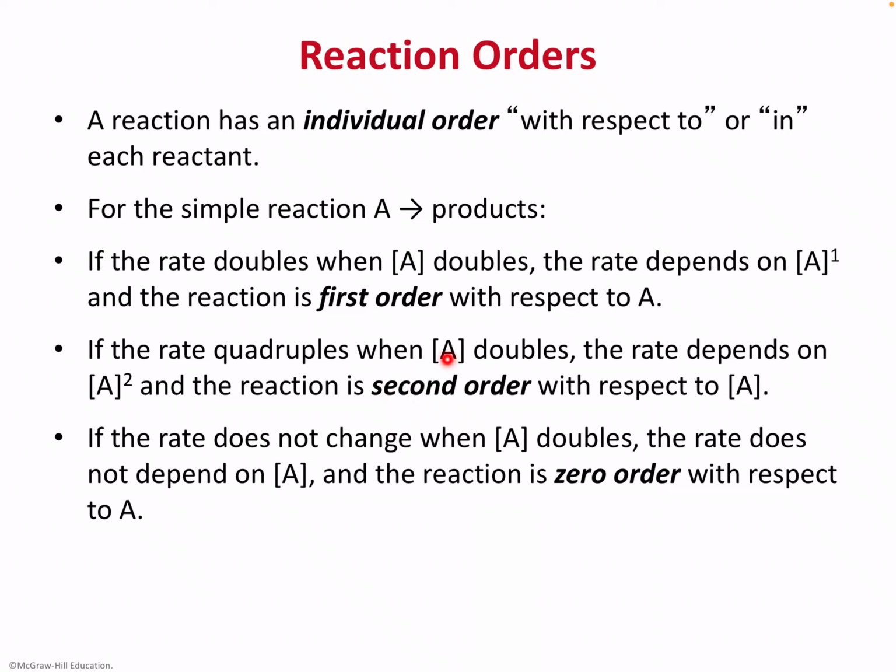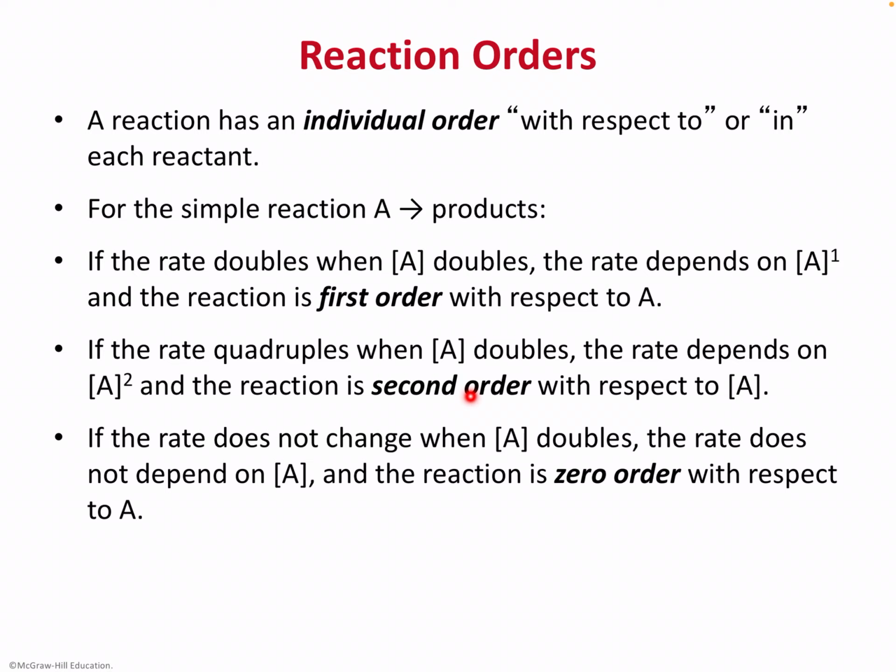Because when you double the concentration of A, the rate quadruples. When A doubles and the rate also doubles, it is first order. If the rate quadruples when A doubles, it is second order with respect to the concentration of A.